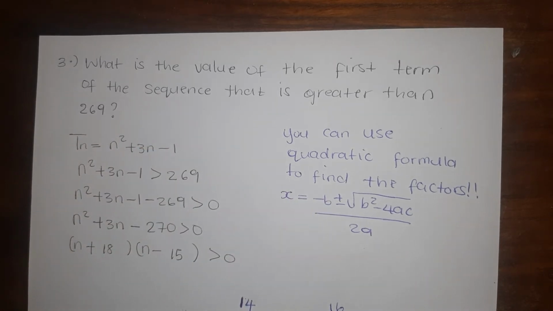Okay guys, here we are going to use our general nth term formula that we calculated from the previous question, which is Tn is equal to n squared plus 3n minus 1.